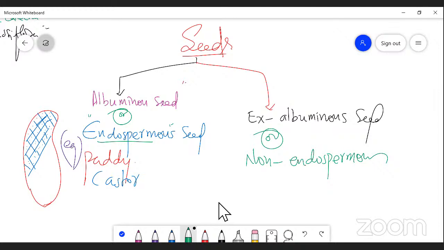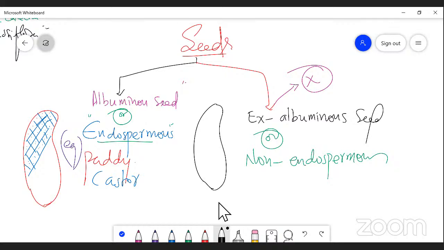Students, the next type is very easy to understand. Ex-albuminous. The term indicates X. X means the absence of, X indicates simply absence of albuminous protein. I mean, this endosperm is completely absorbed by the development of the embryo. If you take a seed, now this is a structure of a seed. I like to draw the structure of a seed. In the structure, you find this green color indicates presence of endosperm during germination.